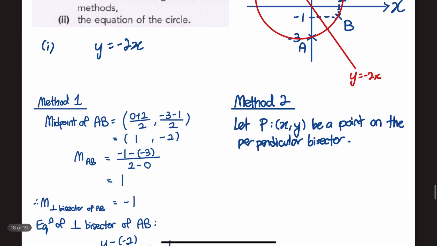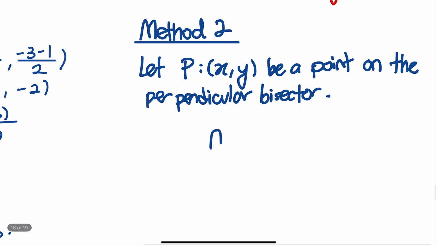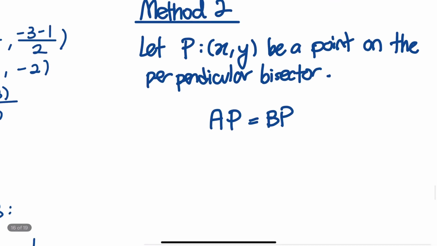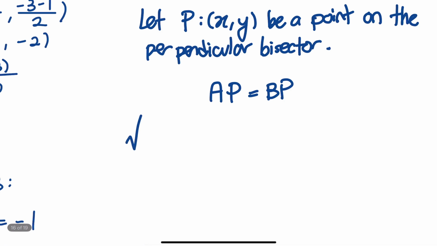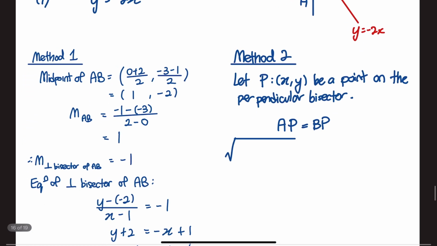So over here, this means that the distance AP is equal to the distance BP. If I were to write it as an equation using my length formula, I know that point A has coordinates (0, negative 3).